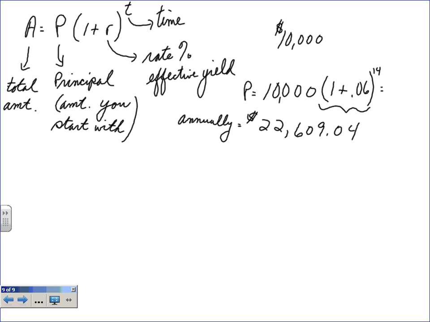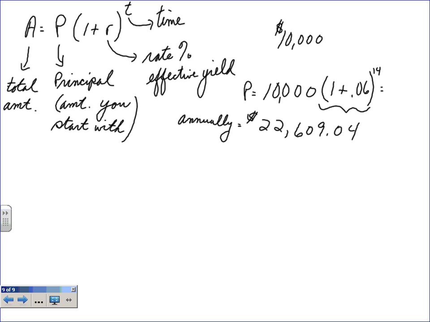So you've a little bit more than doubled your money. But what if a bank says, well, you know what? We can compound your money semi-annually. What does semi-annually mean? Twice a year, right? Every 6 months.